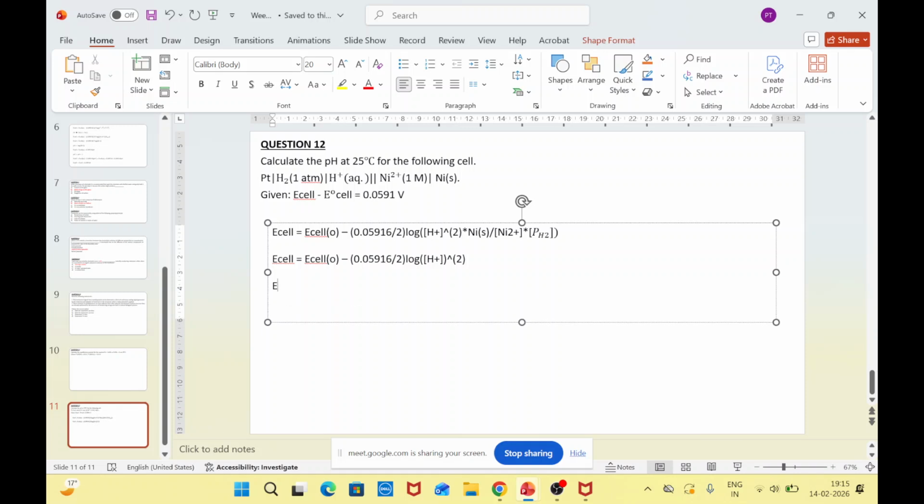So E cell equals E cell naught minus 0.05916 times log [H+].